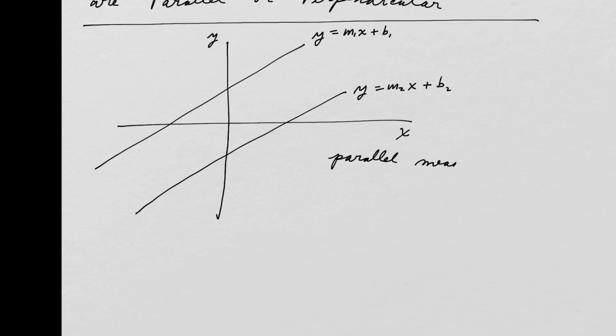So parallel means the slopes are the same, and the lines never intersect. So if you extend those lines forever, they would never cross.